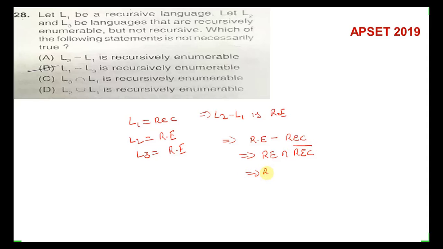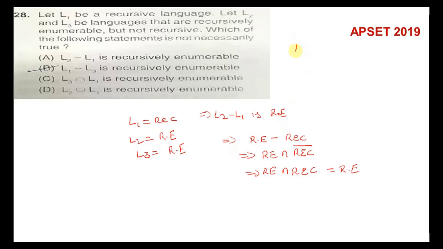Recursive languages are closed under complement, so the complement of a recursive language is recursive itself, and the intersection of a recursively enumerable language with a recursive language is recursively enumerable. So option A is a true statement.